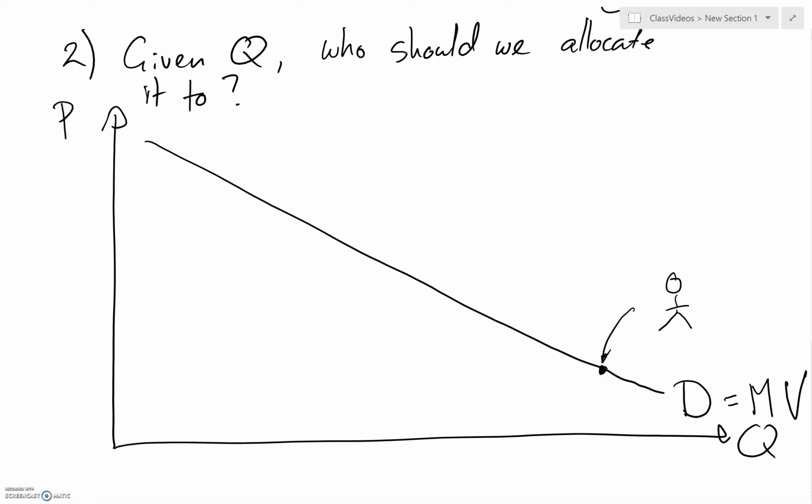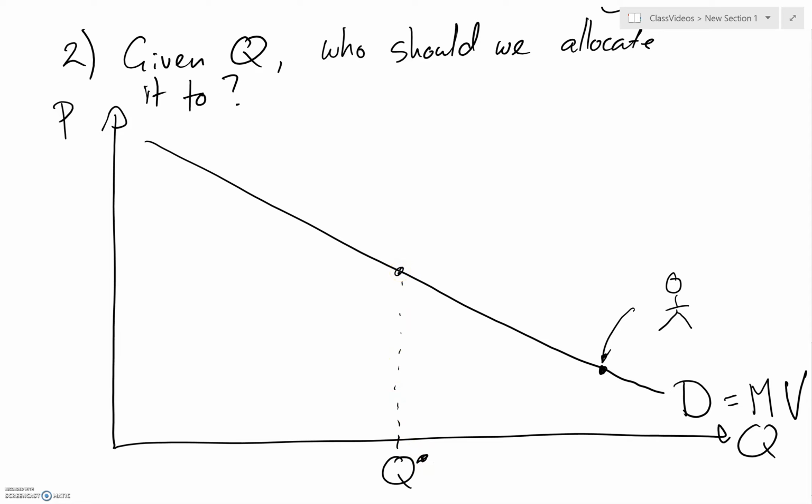We're not thinking about prices here because we have a social planner who's just forcing people to produce and then allocating it. But we have consumers along here with particular marginal values, and if they get the item, that's their benefit. Okay, so let's put in here a particular Q star. Okay, that's the quantity we want to produce.